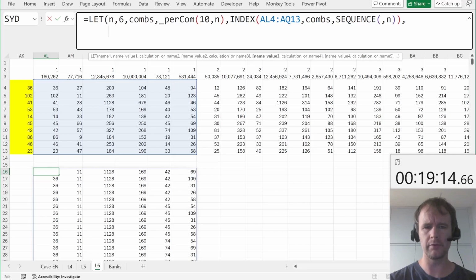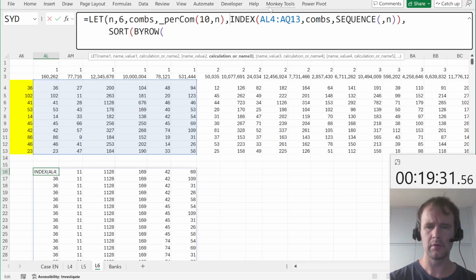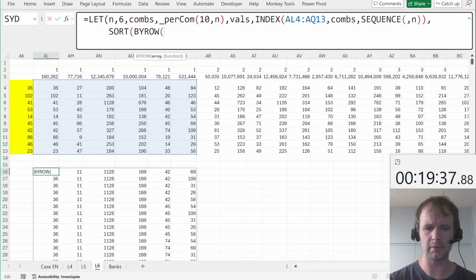Then I want to, well, I guess first I want to sort by row. Wait, sorry, I haven't given this a name. This is called vals, I guess. Sort by row, vals, sum.